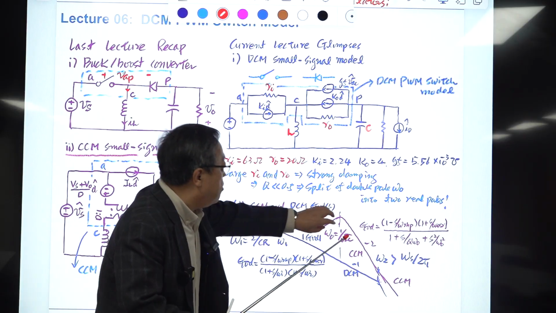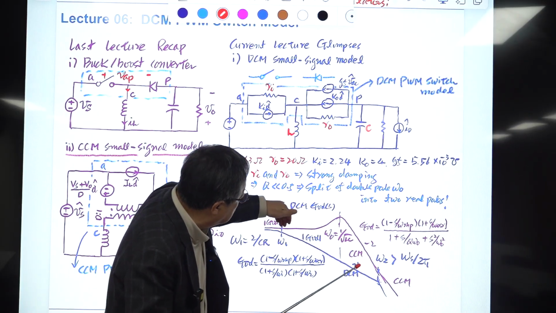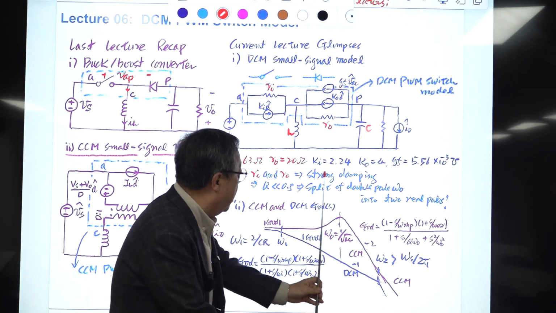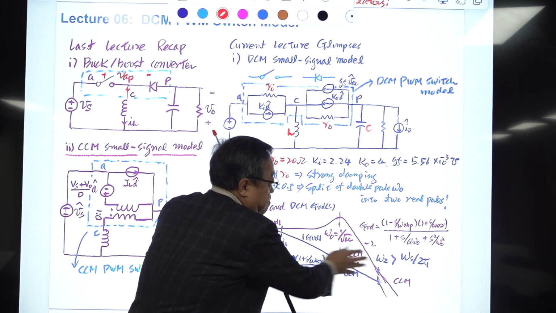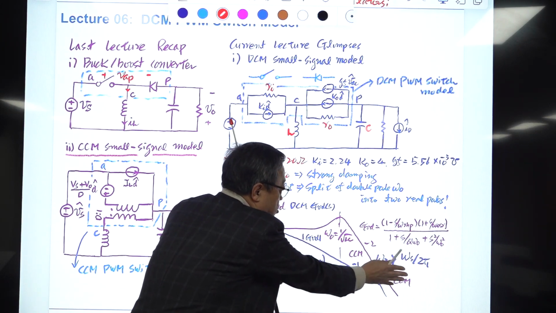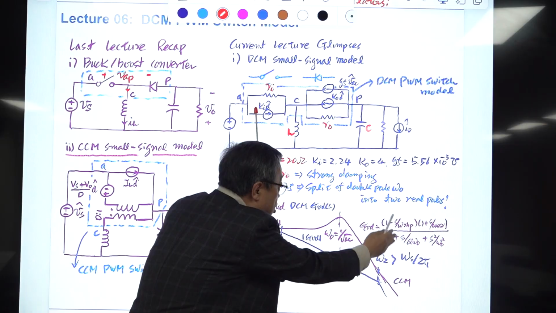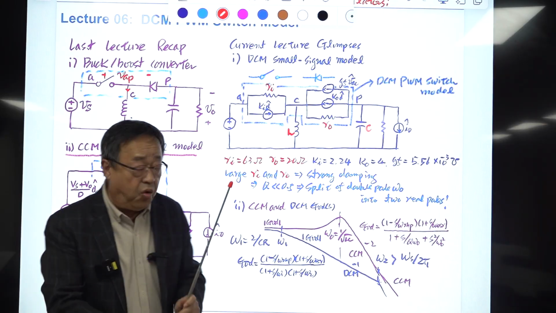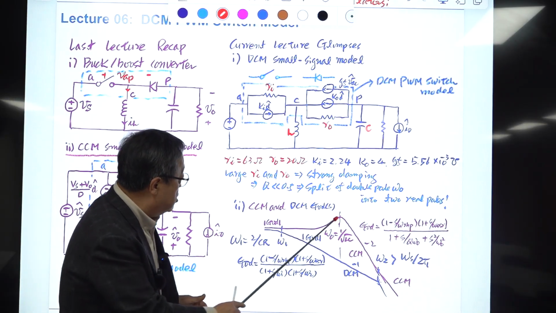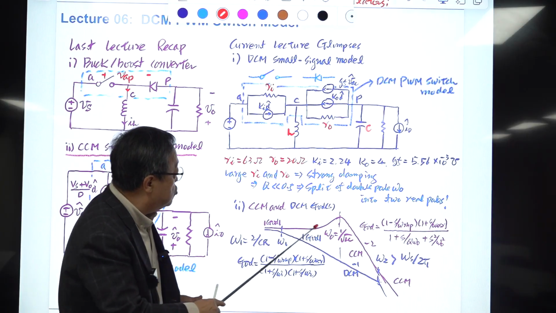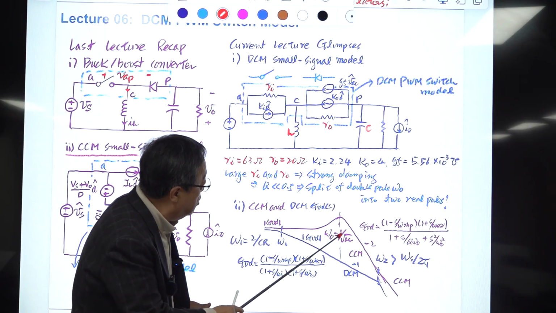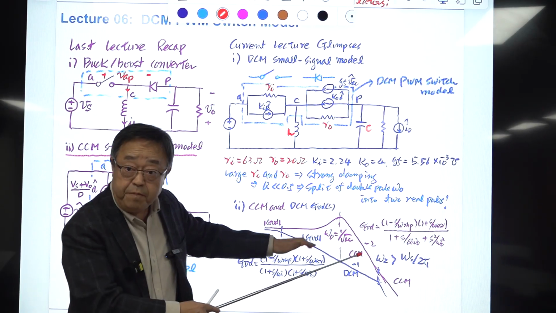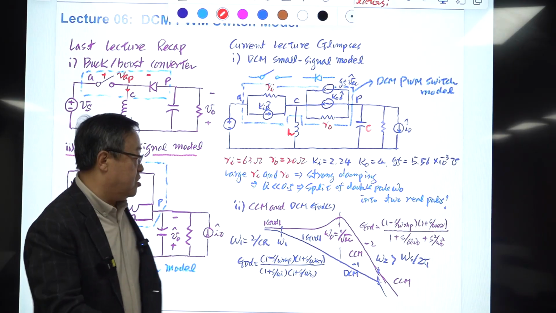That means one pole goes this direction and the other pole goes this direction, and they split, one to the higher frequency, one to the lower frequency, with equal distance in log scale. So the distance between here to there should be the same as the distance between here to there. It looks different, but they should be the same.